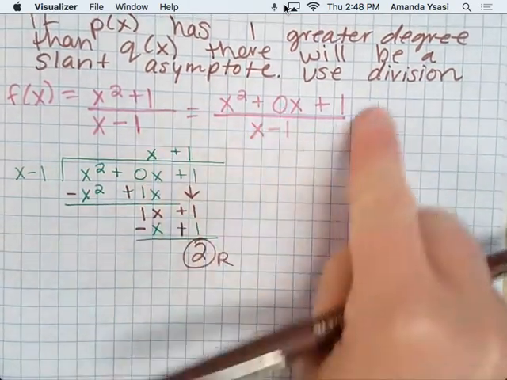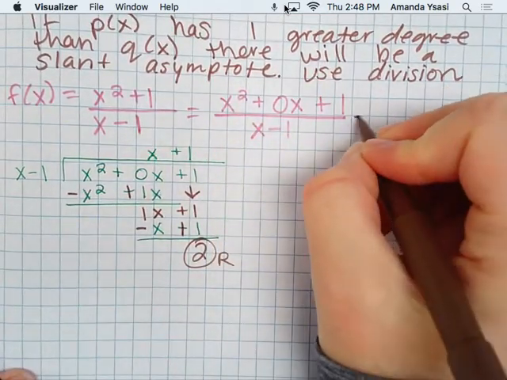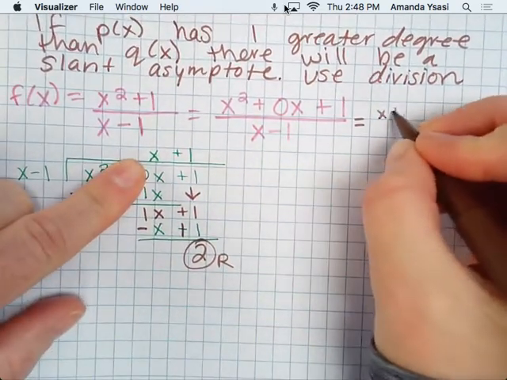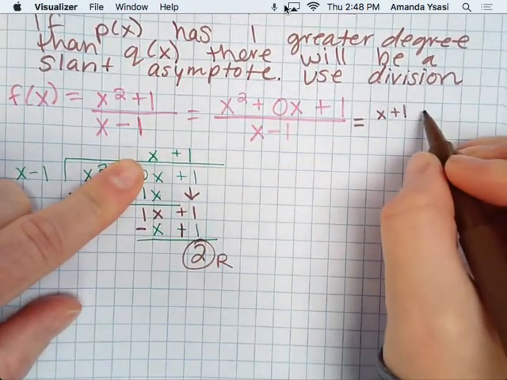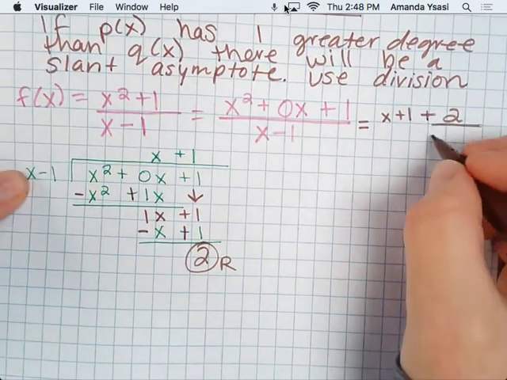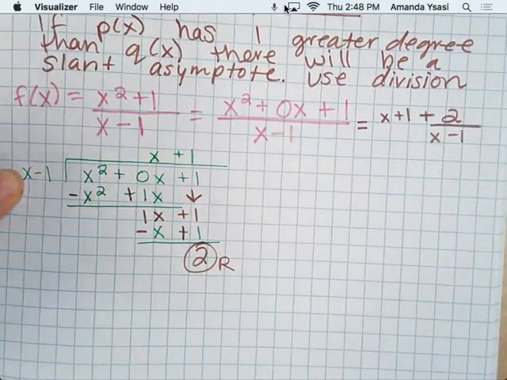So we're going to rewrite this as equals. When we divided it, we got x plus 1. And then plus the remainder over x minus 1, what we divided by.